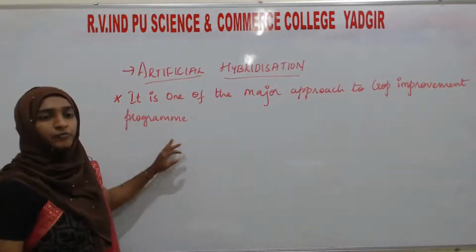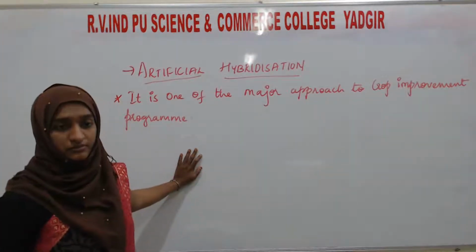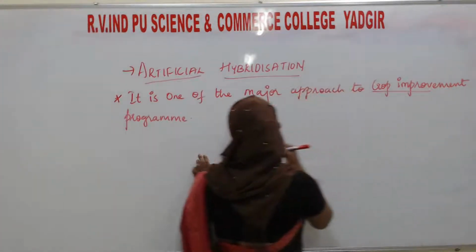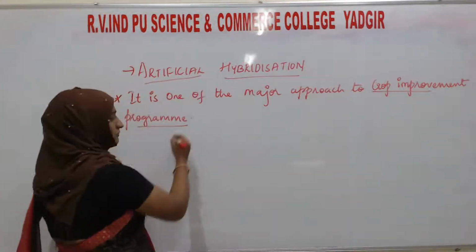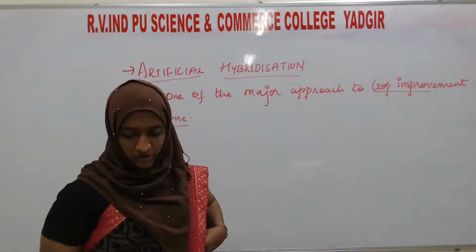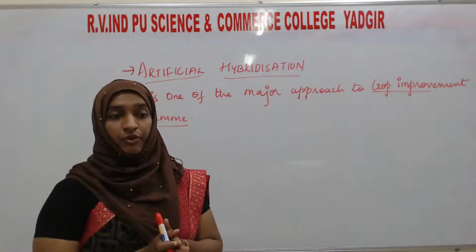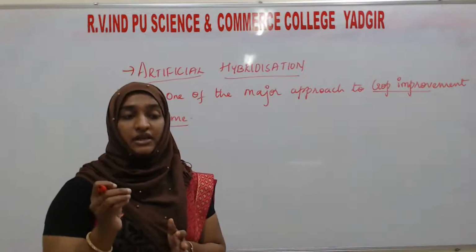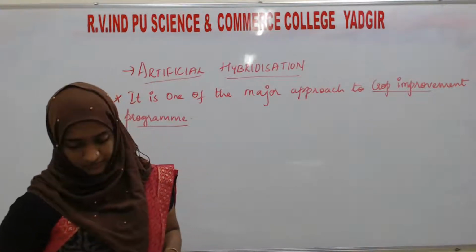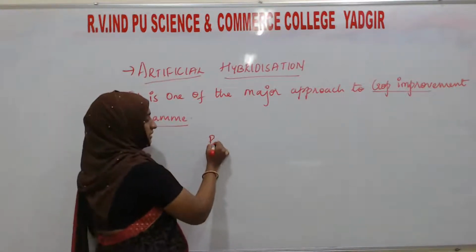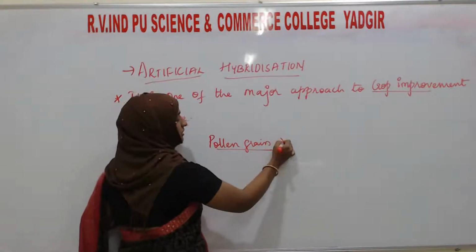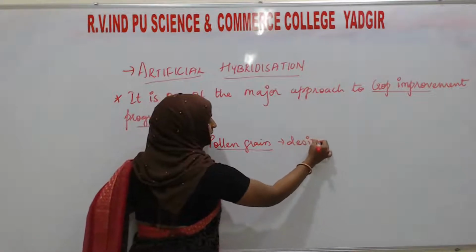Here, artificial hybridization is practiced to improve crop management and the programs associated with crops or the agricultural field. In such a crossing experiment, it is important to make sure that the pollen grains used have the desired characters.